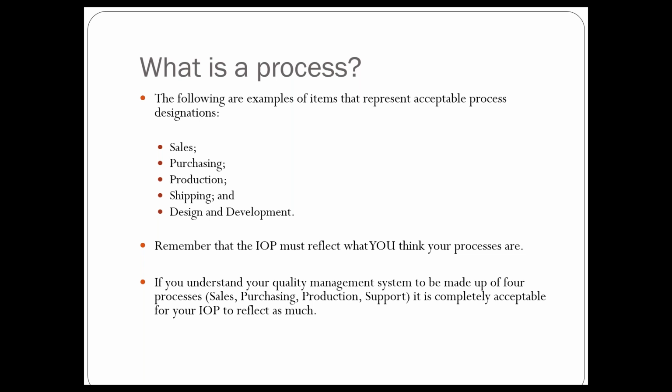It's acceptable to have production be a collective. Shipping, design and development. The important thing to bear in mind when you're doing this is your IOP has to reflect what your processes are, how you've defined them. So if that means that your quality management system is made up of 4 processes, sales, purchasing, production, support, well, fine. That is completely and totally acceptable.